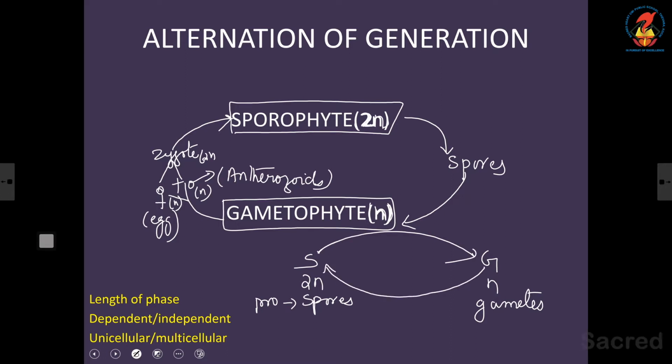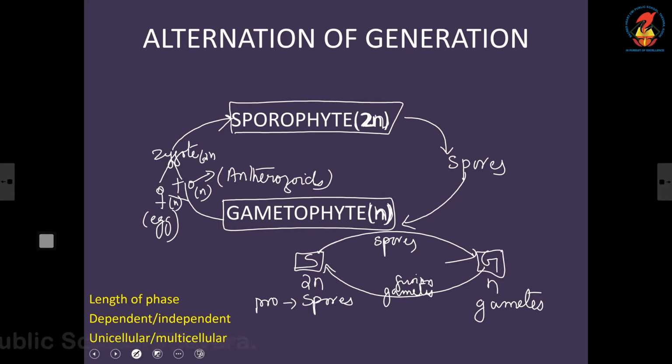How? The sporophyte gives rise to the gametophyte with the help of spores, and the gametophyte gives rise to the sporophyte with the help of fusion of gametes. So we get 3 differences between sporophytes and gametophytes.